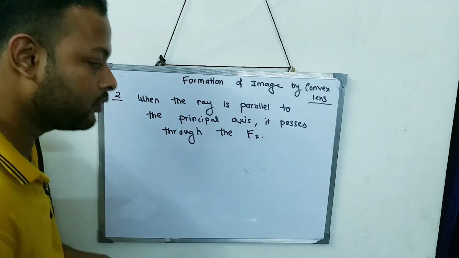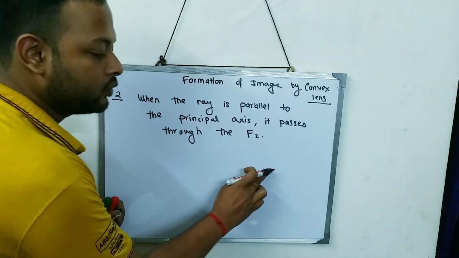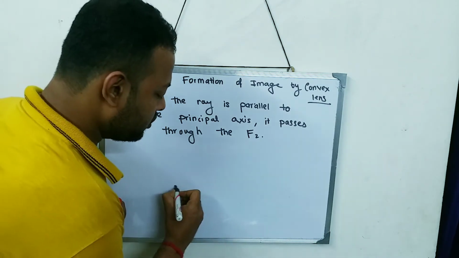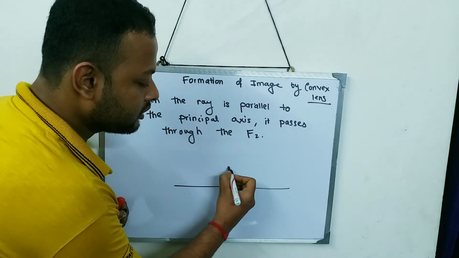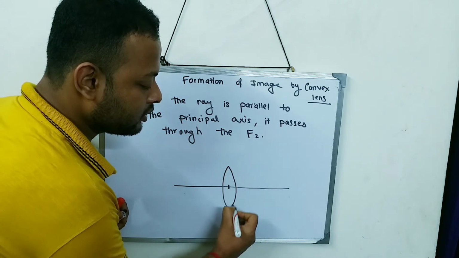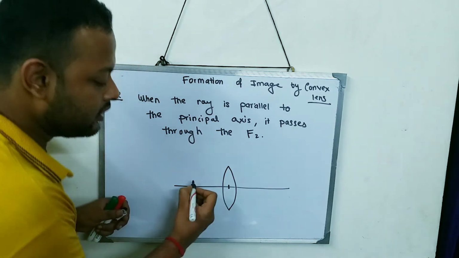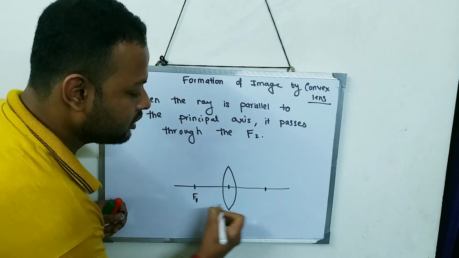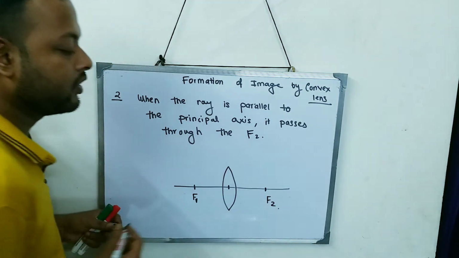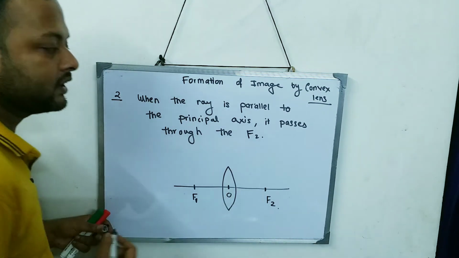You have to learn the three rules, or basically to understand the three rules. So you have to draw a principal axis, you take the optical center, you draw the convex lens, and secondly you have to take the two focuses f1 and f2, and this is the optical center.